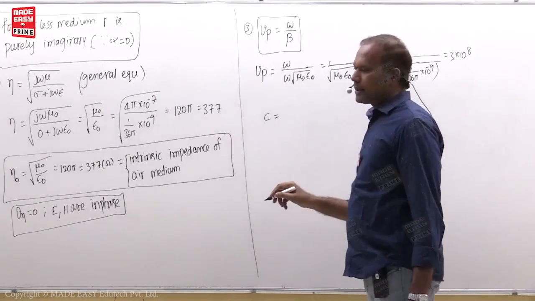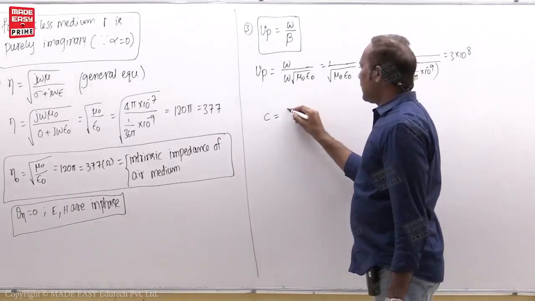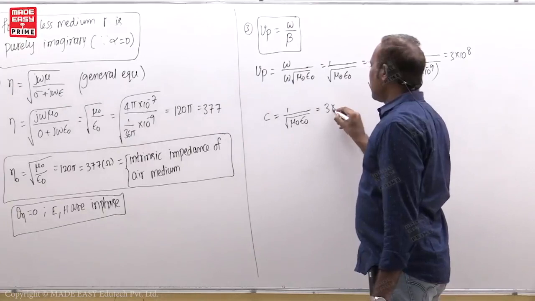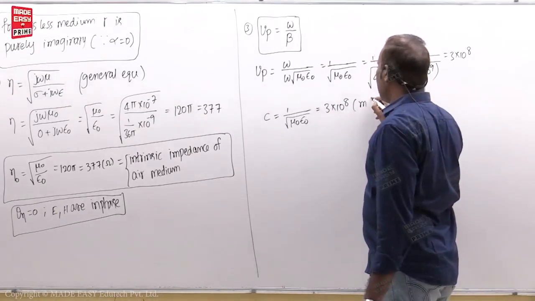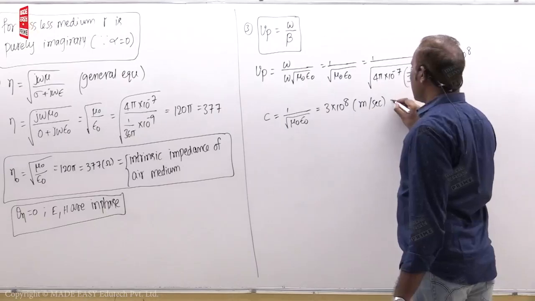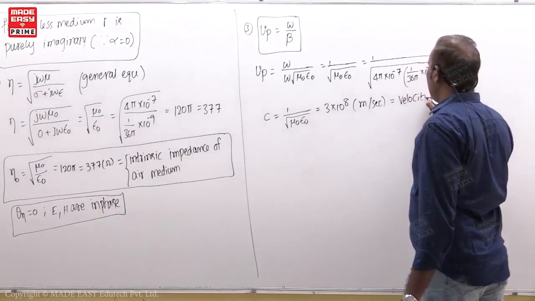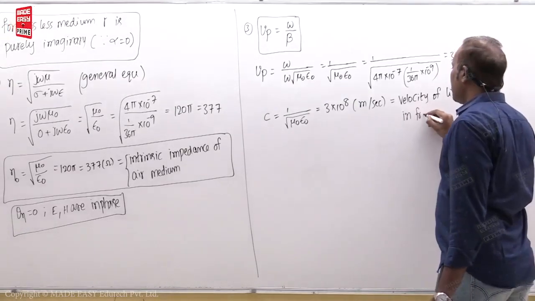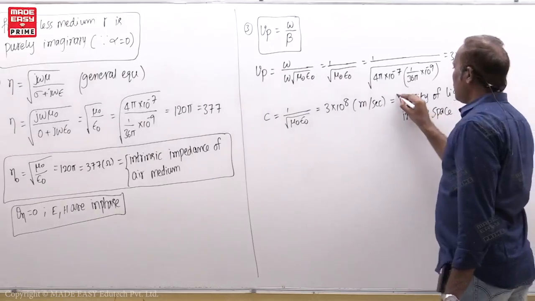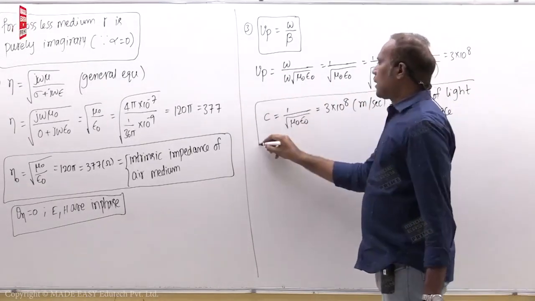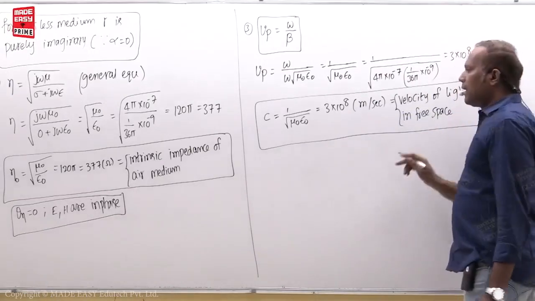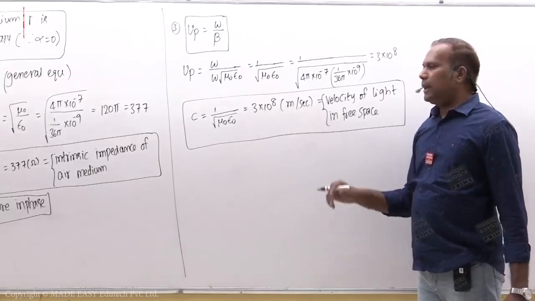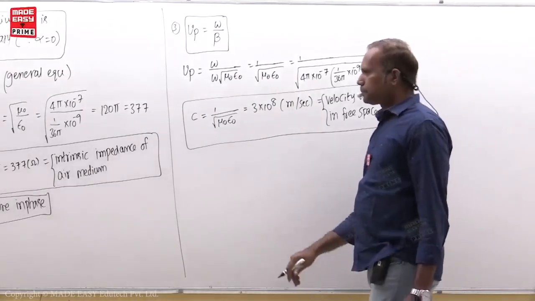C means light velocity. So c is equal to 1 by root mu naught epsilon naught, that is equal to 3 into 10 to the power 8 meter per second. So this is the velocity of light in free space medium. So when an electromagnetic wave travels in the air medium, it has a phase velocity equal to the light velocity. That is the meaning of that one.